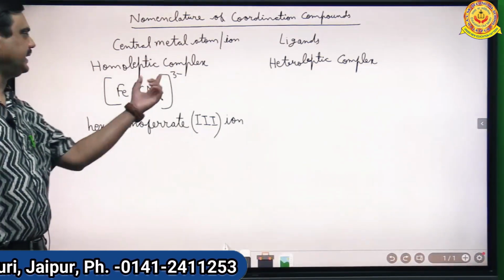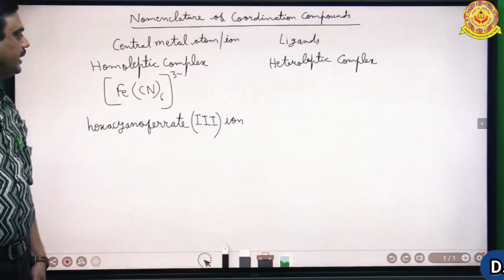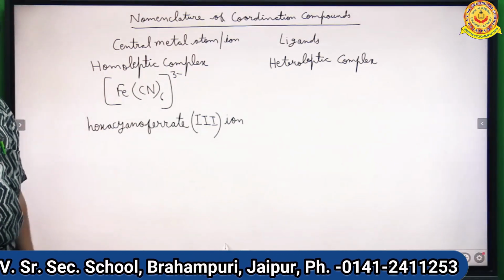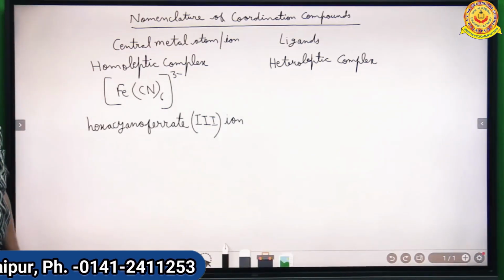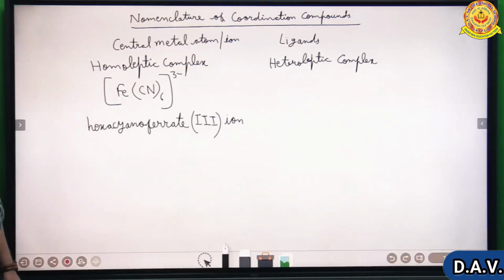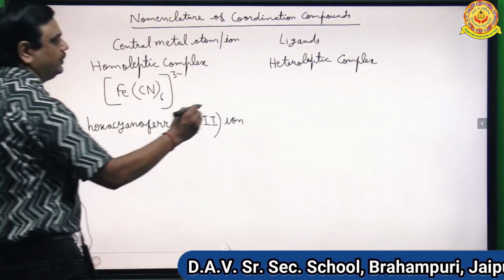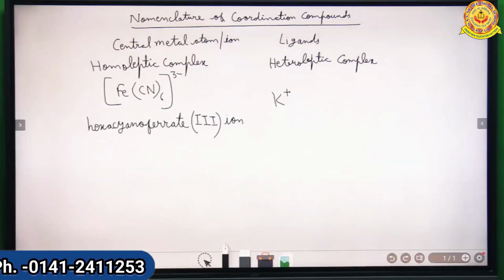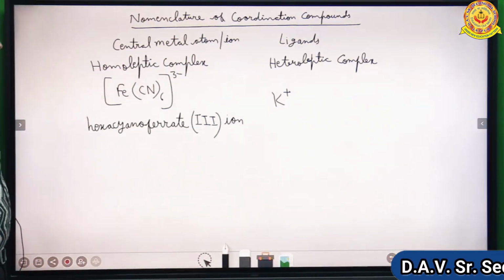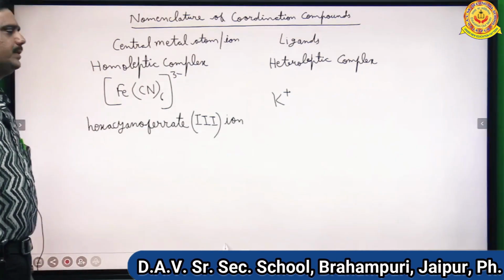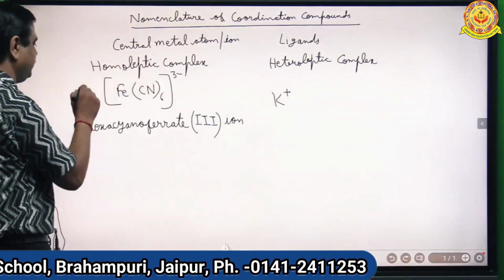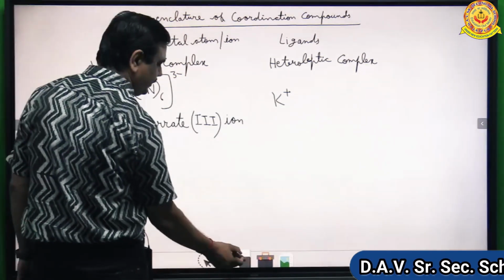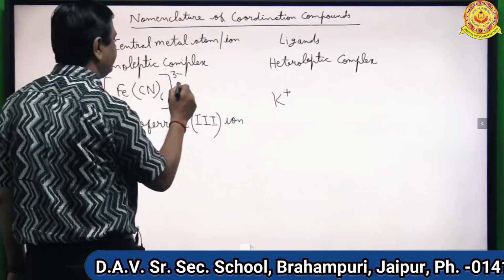Now, this is a negatively charged complex. If I want to counter this charge, I have to use any cation. For example, I take potassium. Now you know that potassium ion is K plus. So how many potassium ions do I require to counteract this charge? 3. So I will write K3 here, and then I do not need to write this minus 3.